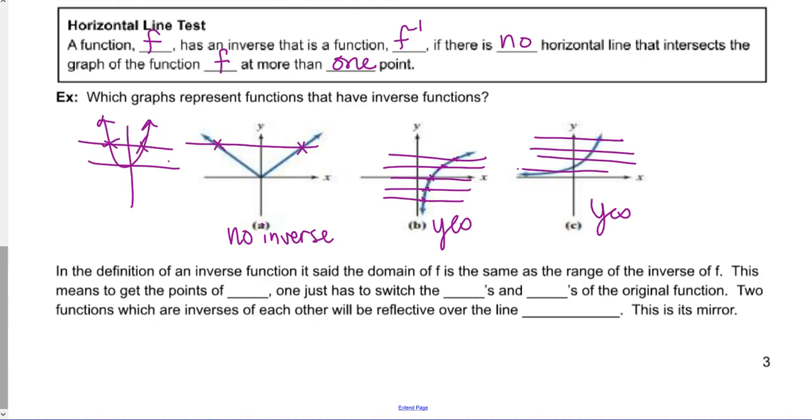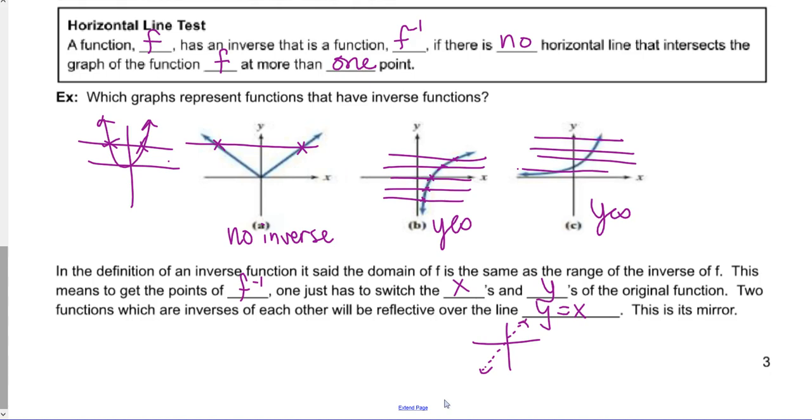This means to get the points of f inverse, one just has to switch the x's and the y's of the original function. Two functions which are inverses of each other will be reflective over the line y equals x, which is the line that bisects the first and third quadrants. That is our mirror. That's what it's going to be reflective over.